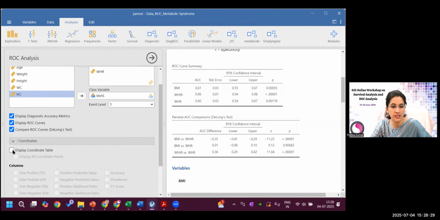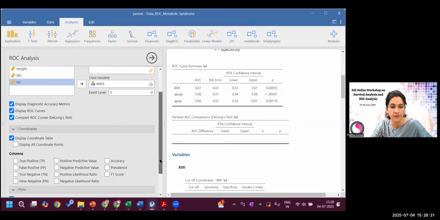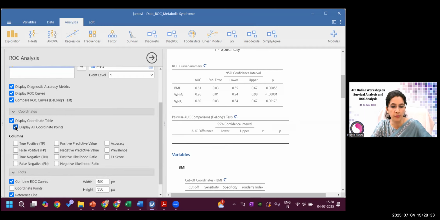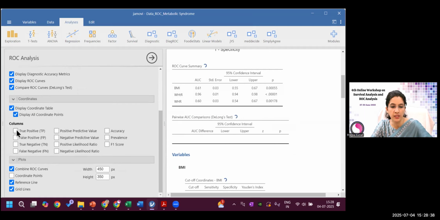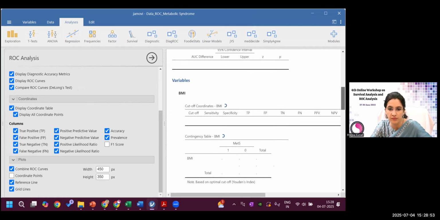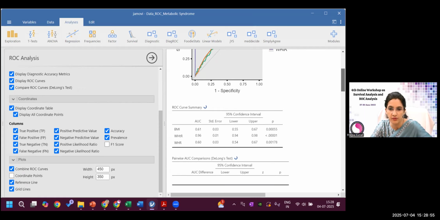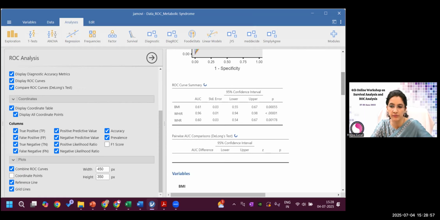If you click this display coordinate table and display all coordinate points, then for each coordinate point, it gives you all these values. This is just to show. You don't need it, because the main one you have got. You can also click accuracy and prevalence, and then with each cutoff. So there are many cutoffs of BMI.